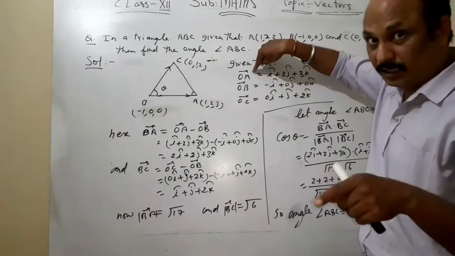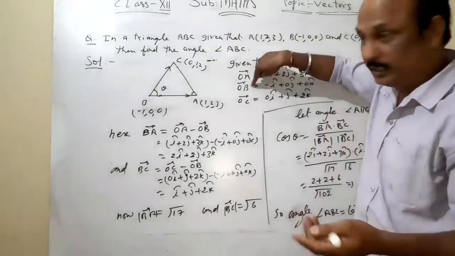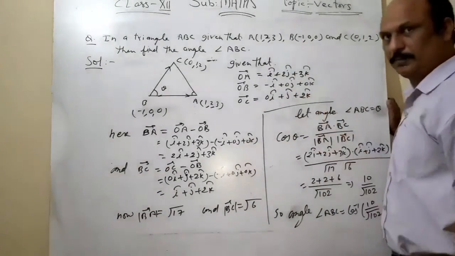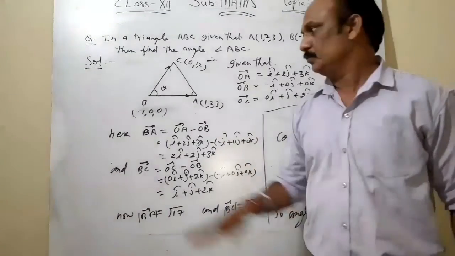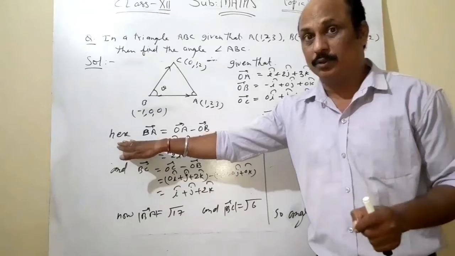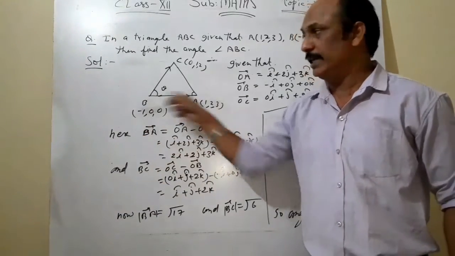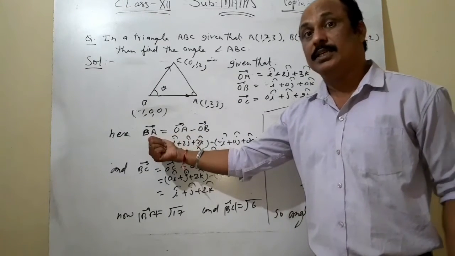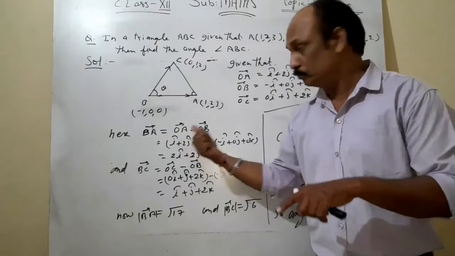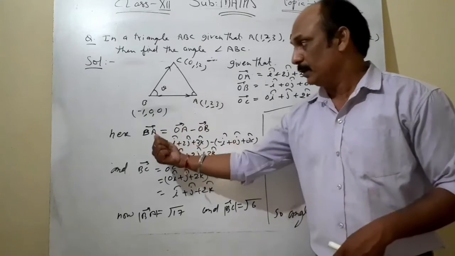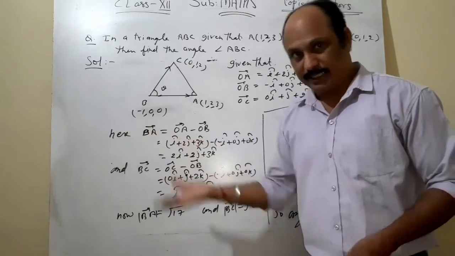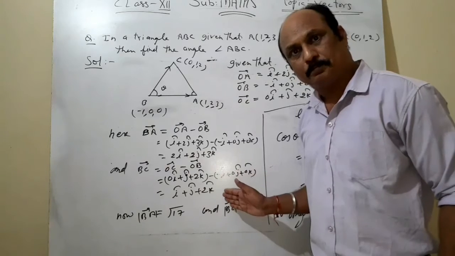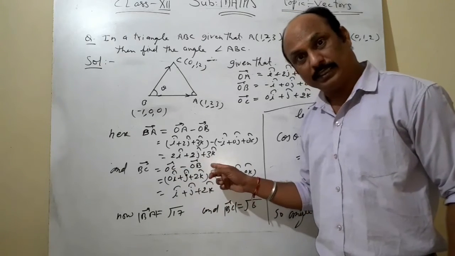OA means position vector of A, OB means position vector of B and OC means position vector of C. इन सबको मैंने IJ के फॉर्म में मेंशन कर दिया. ओके, नाउ फर्स्ट ऑफ ऑल we want to calculate or find BA, this direction BA, B to A. So BA is equal to position vector of A minus position vector of B, final point minus initial point. तो हमने कैलकुलेट कर लिया. सेम एज BC कैलकुलेट कर लिया. ओके, OC माइनस OB कैलकुलेट कर दिया.